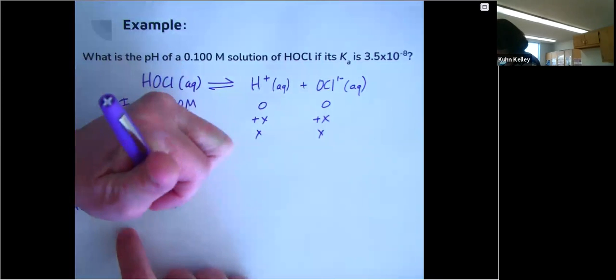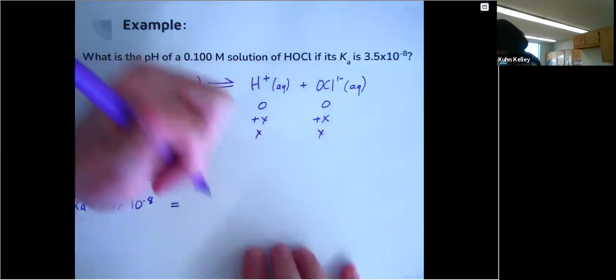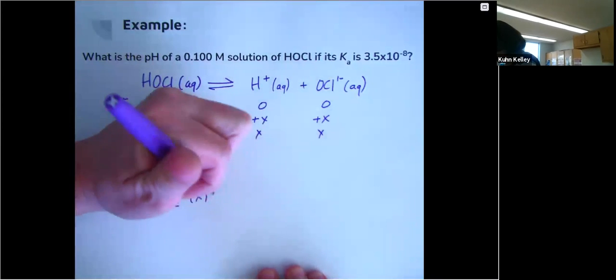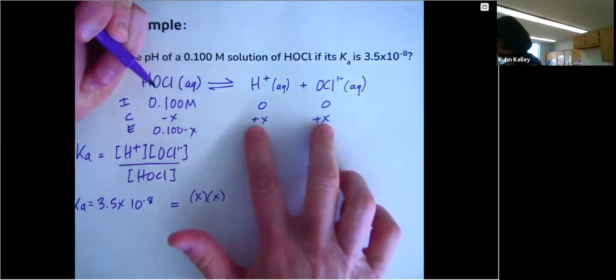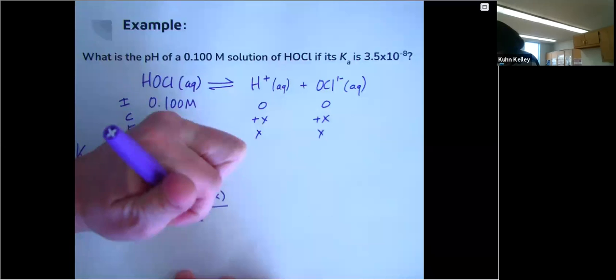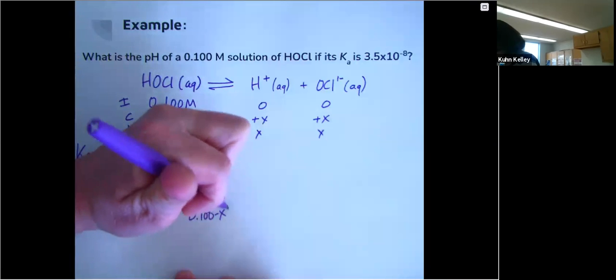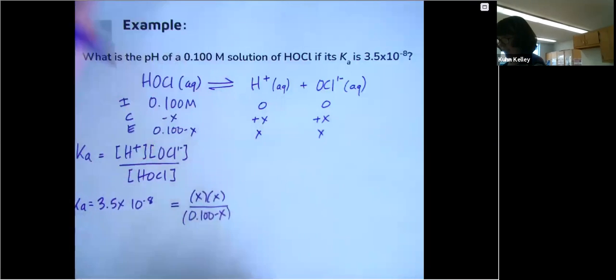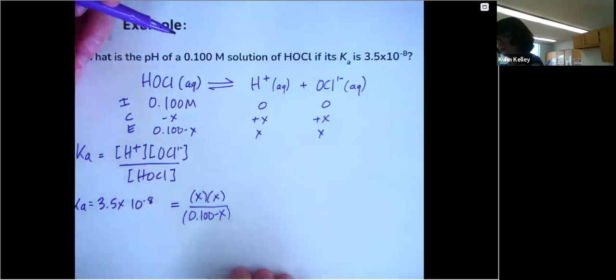Well, remember that when we plug this in, we're going to have this on top, right? And normally we would have this on bottom. But we're going to ignore this X because our Ka is so small. We'll come back and test it at the end.